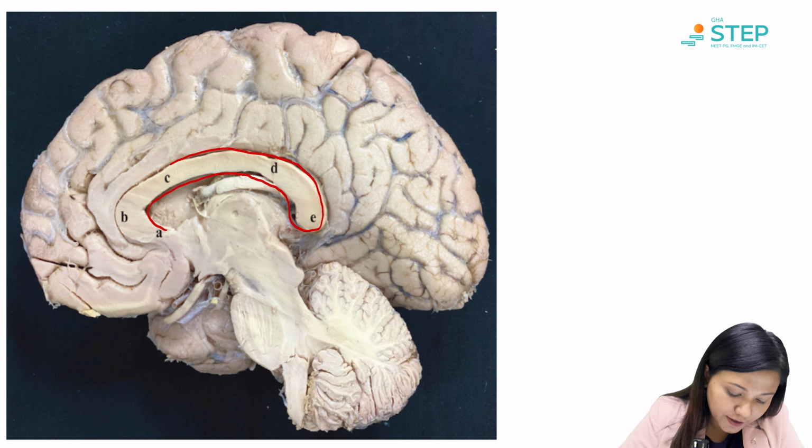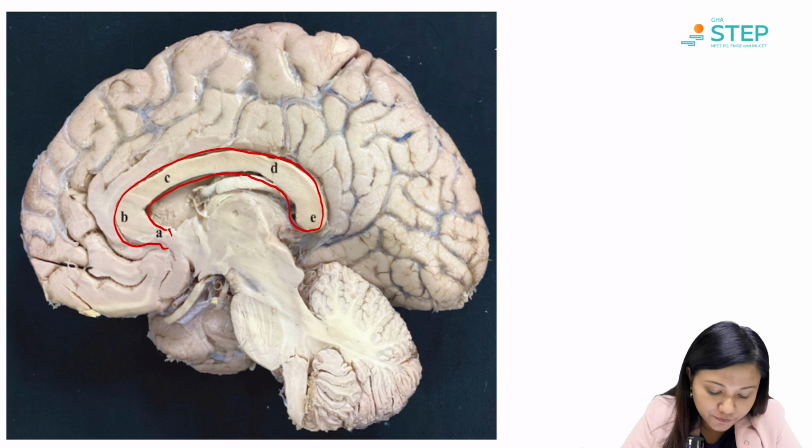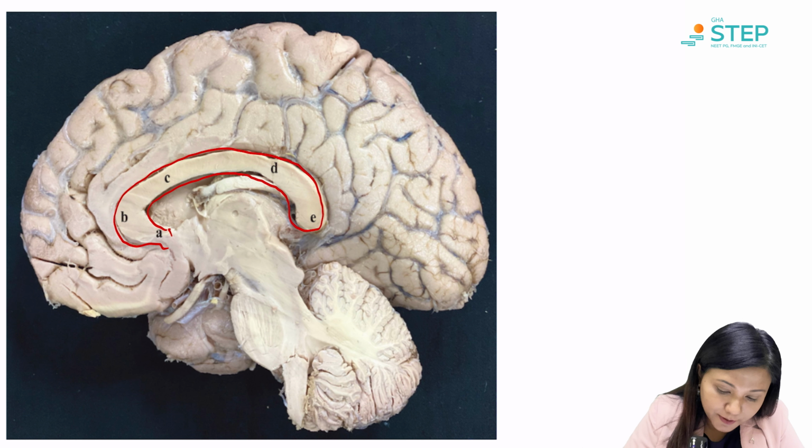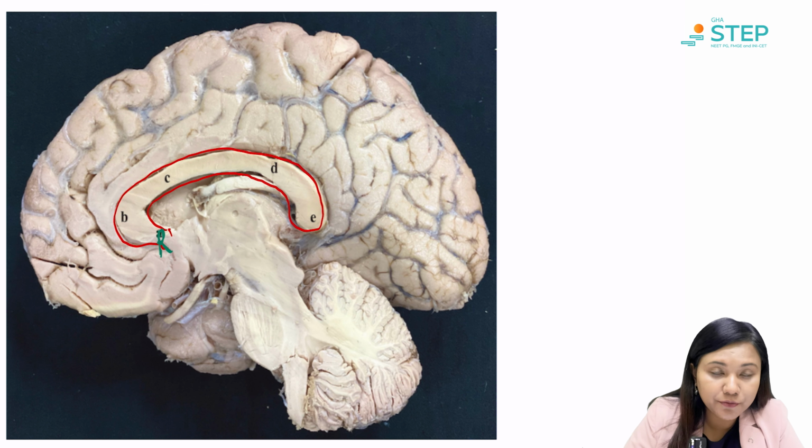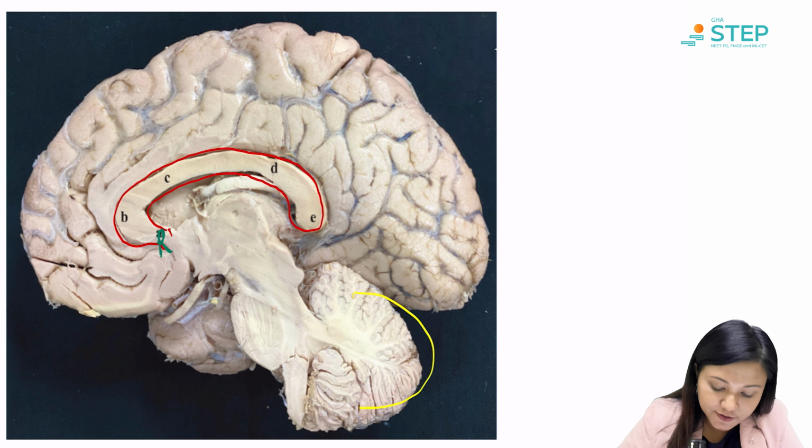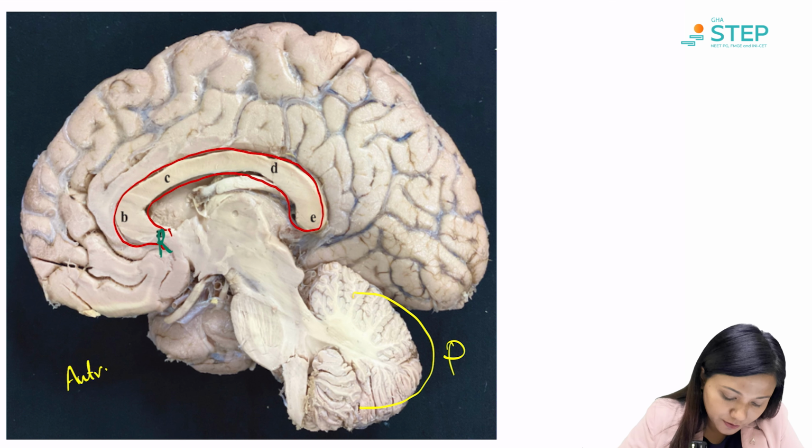These are commissural fibers connecting the two cerebral hemispheres, and it has certain parts. Before going into parts, you should get oriented with the image. As you can see the cerebellum, this is the posterior and this is the anterior. From anterior to posterior, you have the rostrum, then a bend, and this bend is the genu.